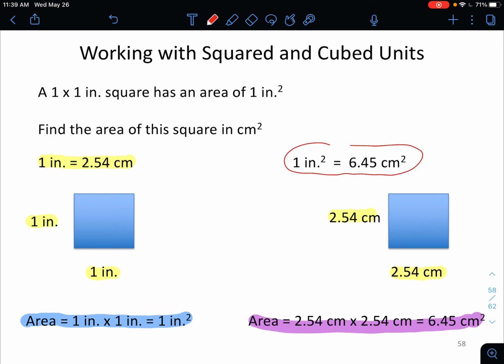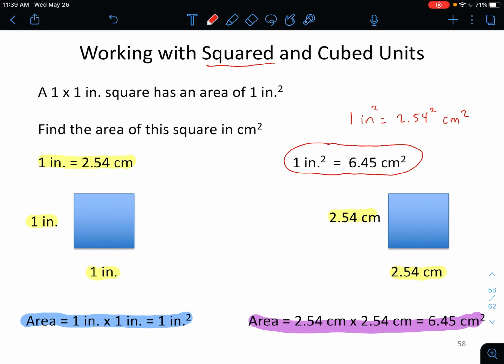So in theory, we could say, okay, we now know that 1 inch squared is 6.45 centimeters squared, but really that factor is just 1 inch squared equals 2.54 squared centimeters squared.